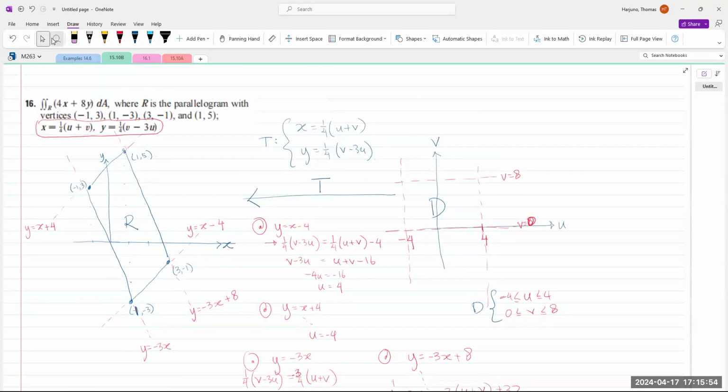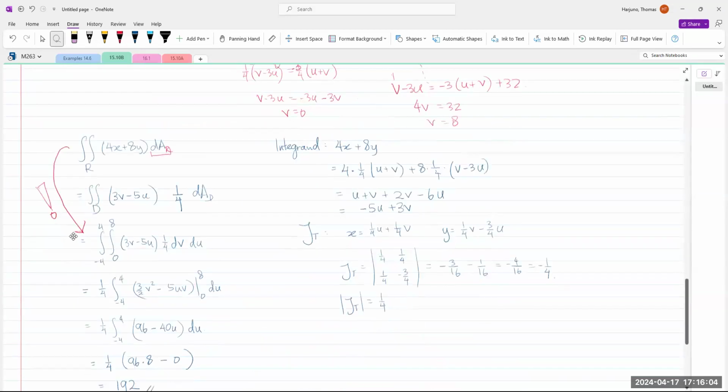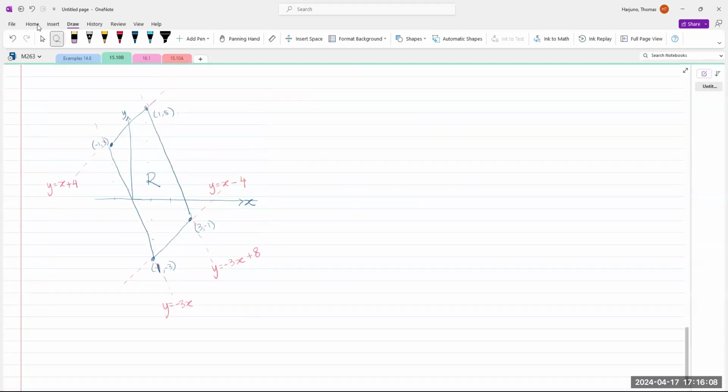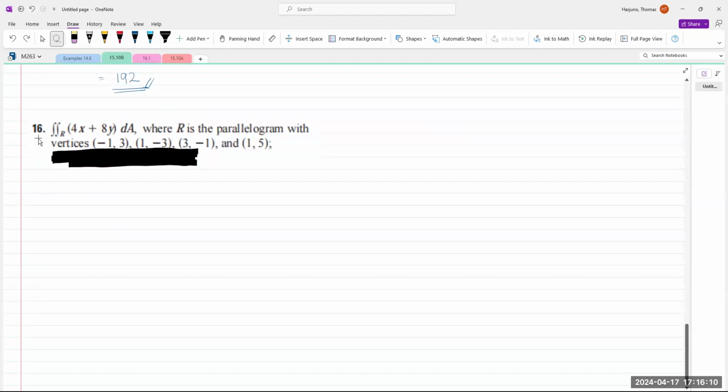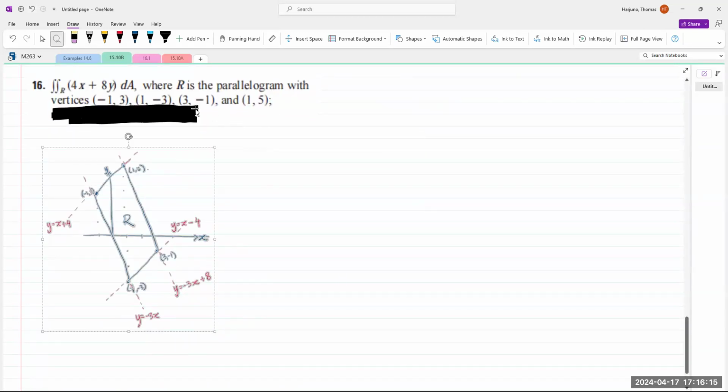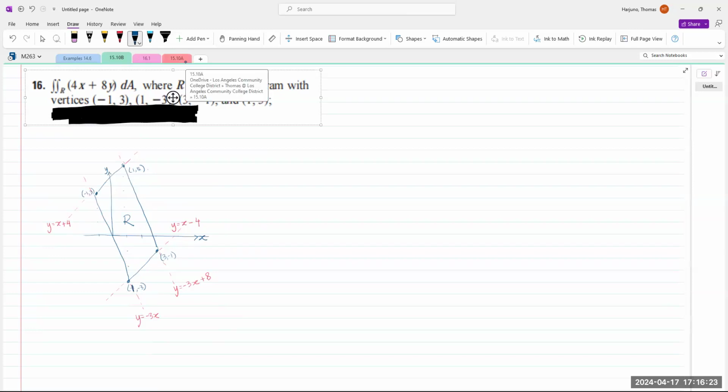I like this graph, honestly. And I want to say this: take a look at all those boundaries, and change each into something equals constant.